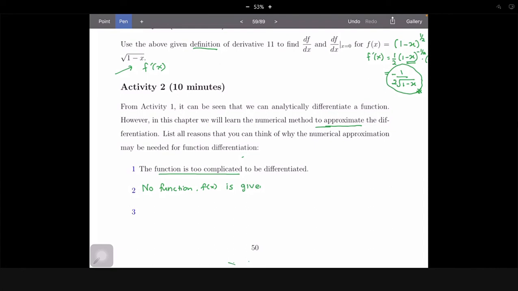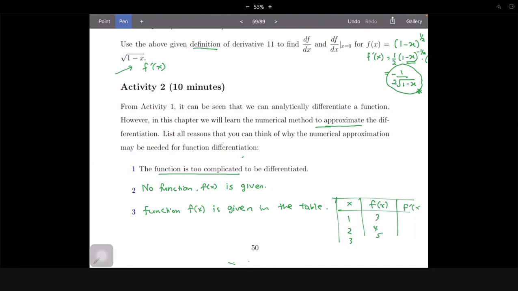So, salah satu sebab dia lah. Ataupun sebab lain adalah, saya cakap, function f x is given in the table ataupun data saja. Contohnya, kalau dalam chapter 3 tu, dia hanya diberi f, dua nilai ni je kan. Dia bagi 1, 2, 3, 4 nilai. Tapi dia suruh cari f prime x.